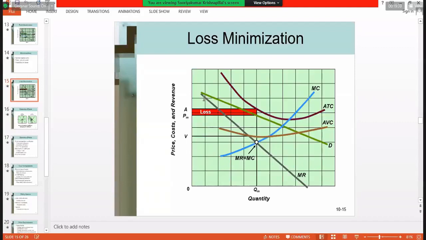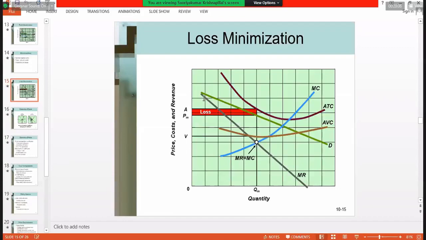The price is above the minimum average variable cost, so he will produce. If the demand goes down further and the demand curve is below the average variable cost, he will shut down.